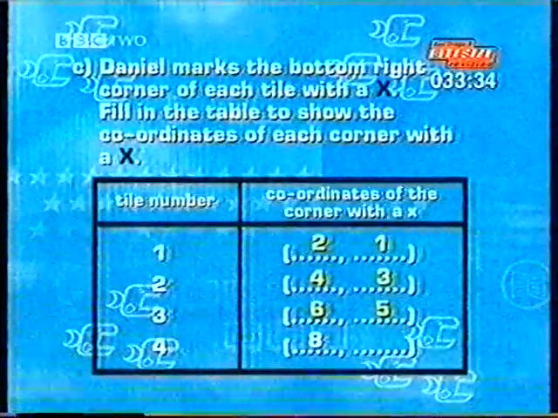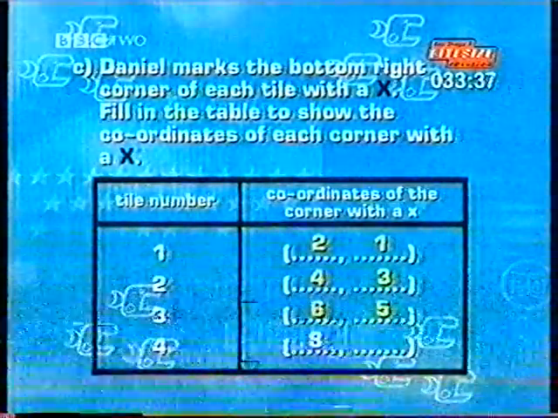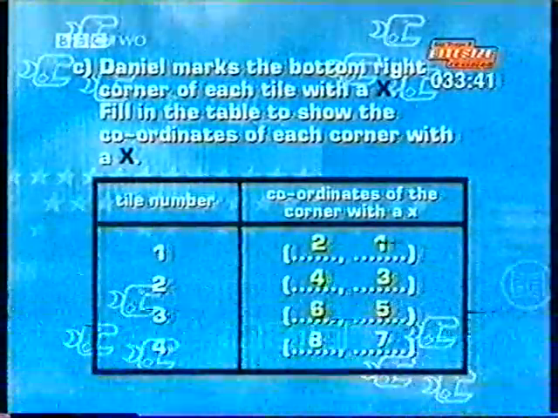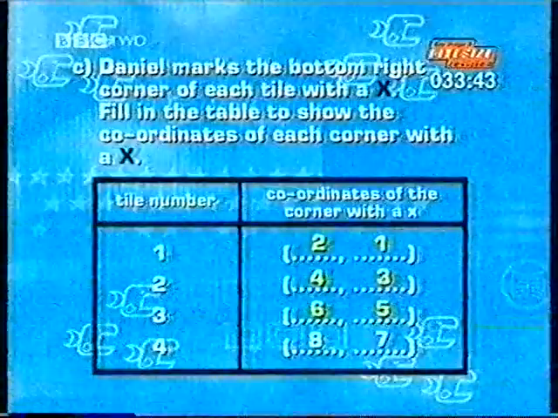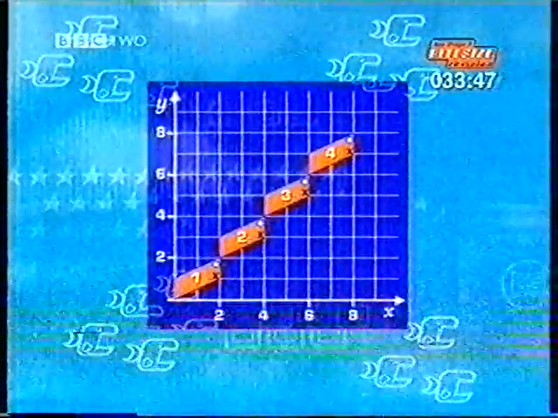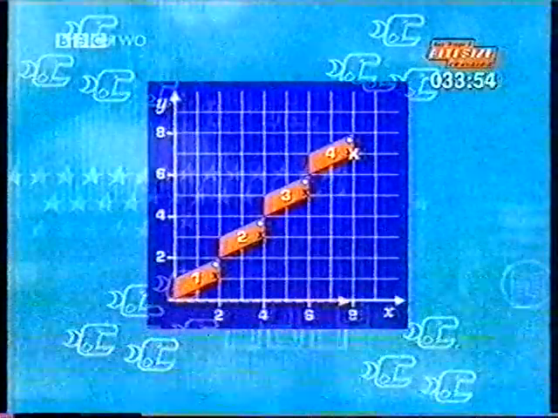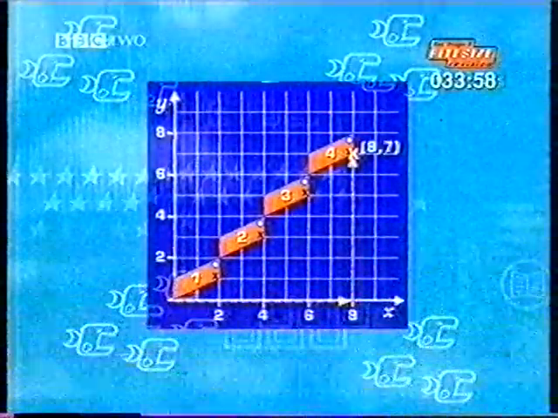So we would expect tile 4 to continue adding 2 again and have y-coordinate 7. Let's just check though by extending the diagram. The corner marked with a cross for tile 4 would be here, and starting at the origin, across 8 and up 7, that's coordinates 8, 7.